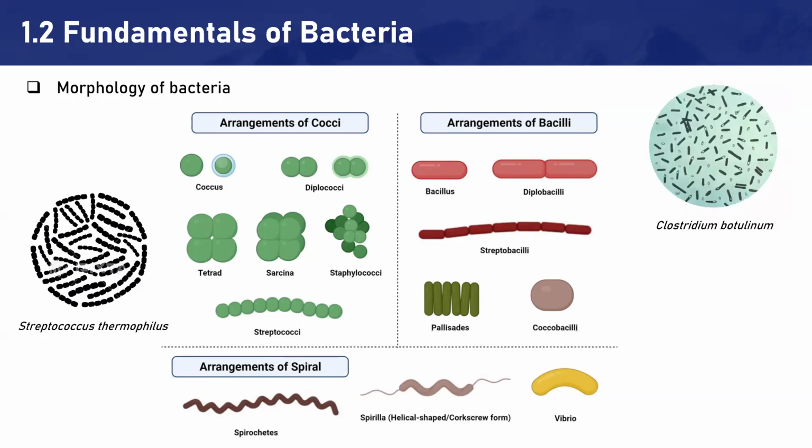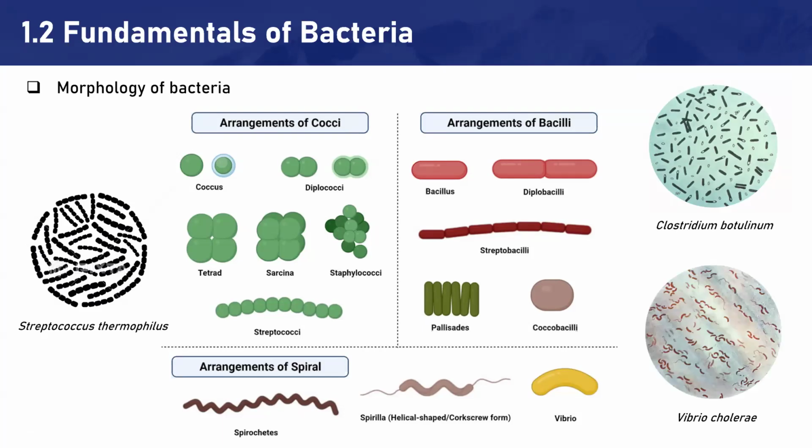For the bacilli, we usually think about short rod bacteria. However, sometimes we see long rod bacteria or coccobacilli. On the screen, we can see the morphology of Clostridium botulinum and Vibrio cholerae. They are very dangerous bacteria with a risk for food safety.